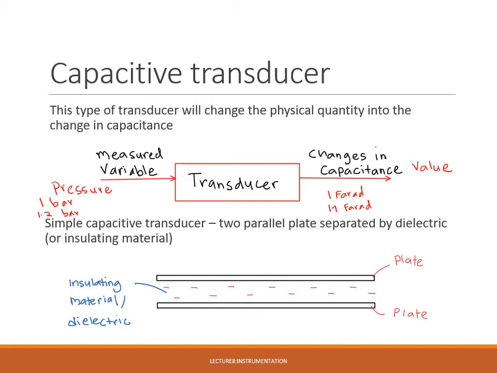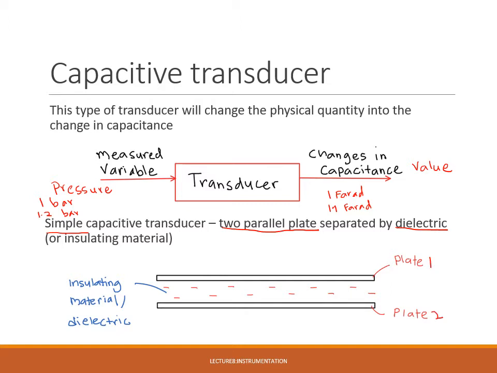As for the design of a capacitive transducer, it is very simple. A capacitive transducer only consists of 2 parallel plates, and in between those 2 parallel plates, it has dielectric material, or sometimes we call it insulating material. So basically, it looks like this. We have 2 plates, plate number 1, plate number 2.